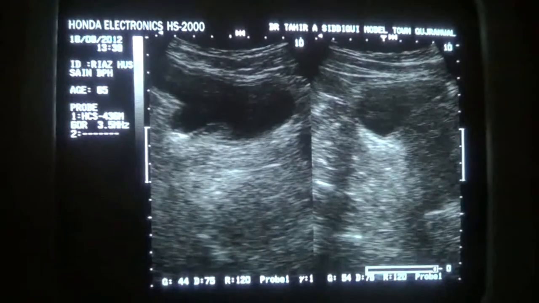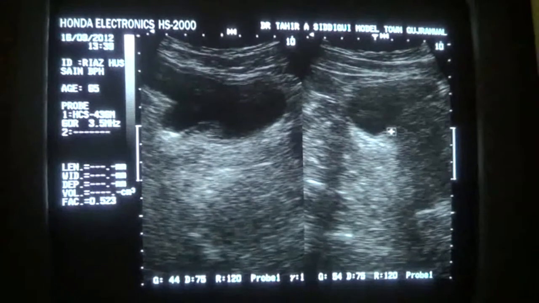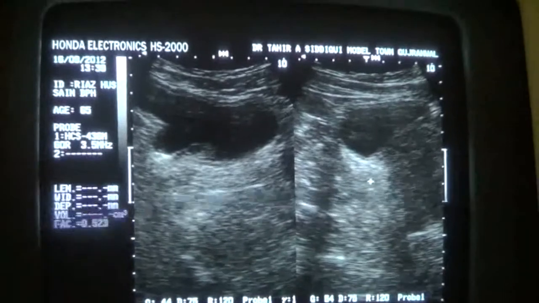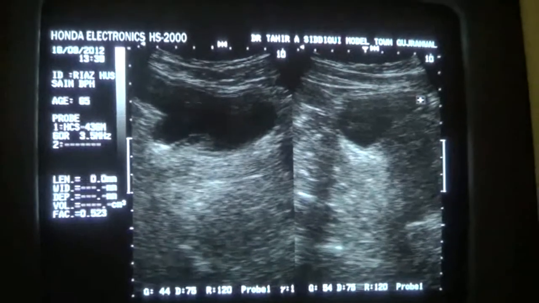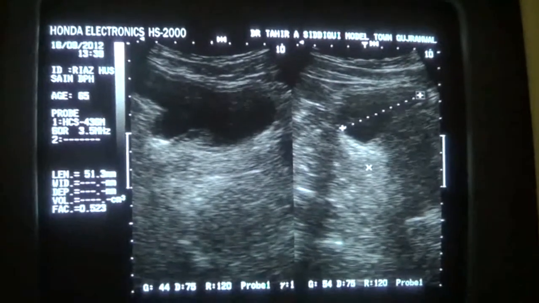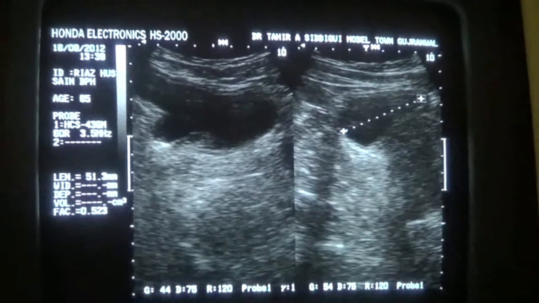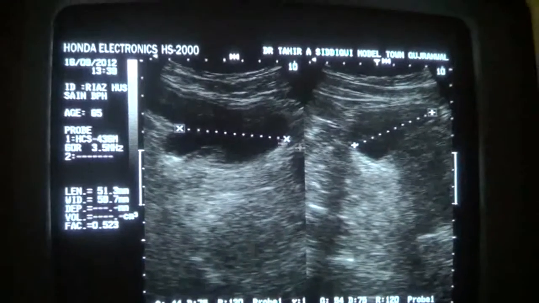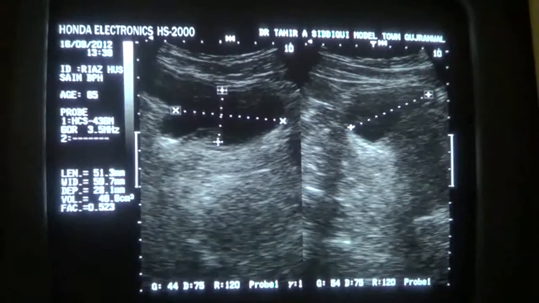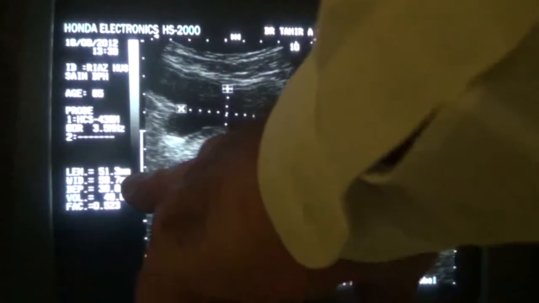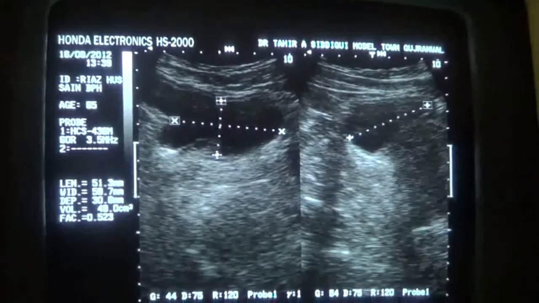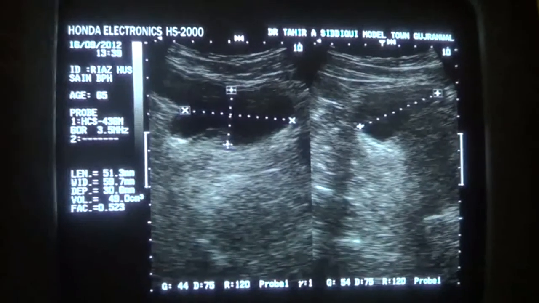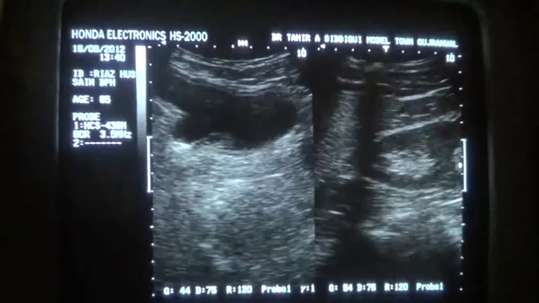And the urinary volume is less than 49 ml. Up to 50 is normal. So the post-micturition residual volume is normal.